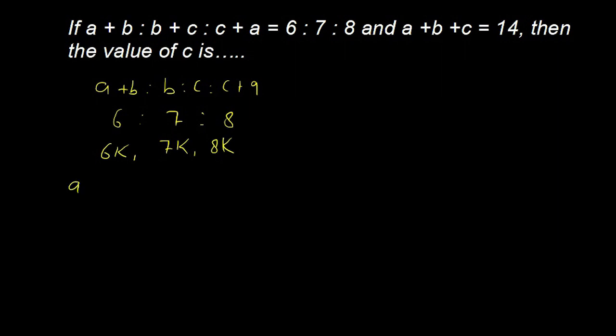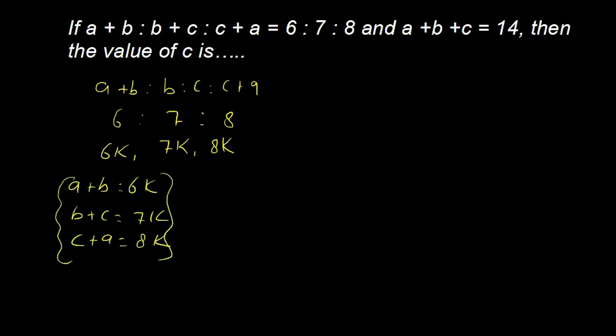Now what is the value of a plus b? Actually 6k. The value of b plus c is 7k, and the value of c plus a is 8k. Now let's sum up all three. So it should be twice of a plus b plus c, and 6k plus 7k plus 8k is 21k.